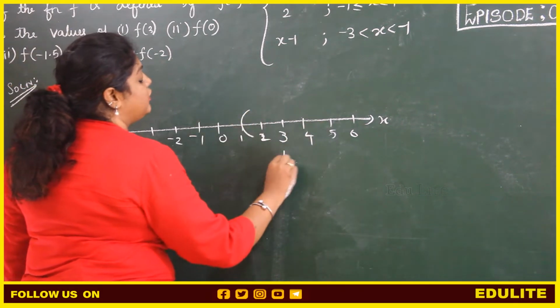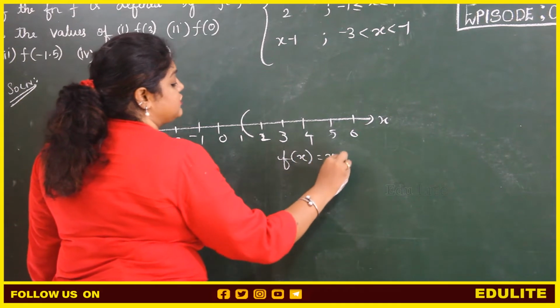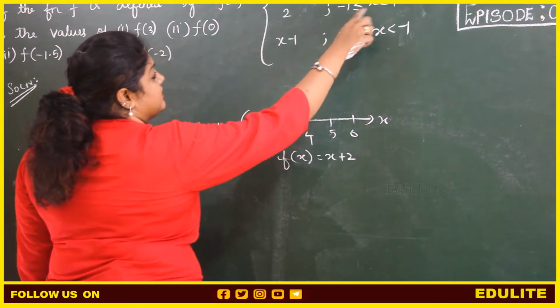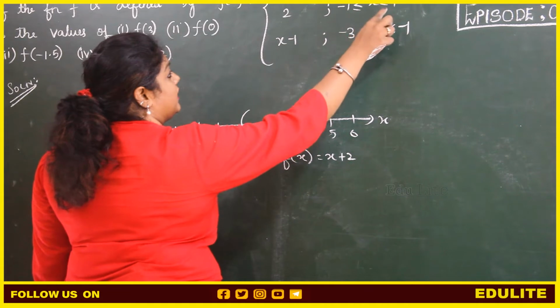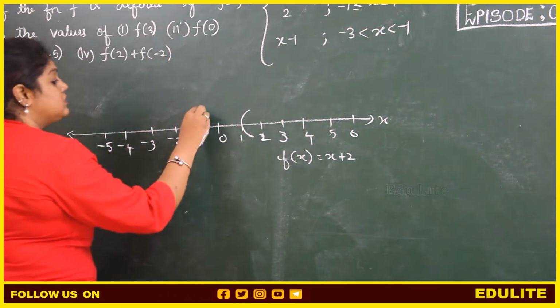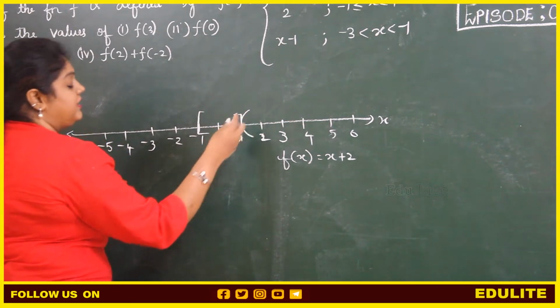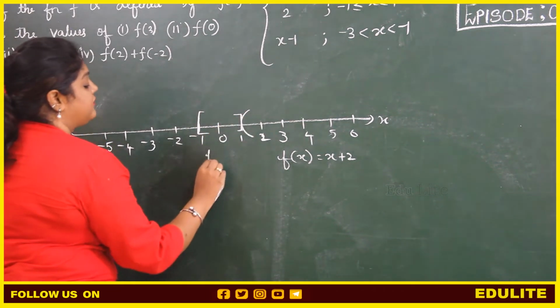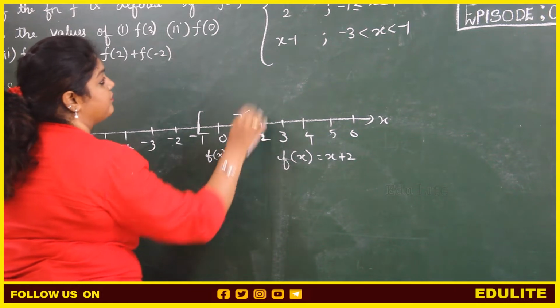The f of x value is x plus 2. Next, when x varies between minus 1 and plus 1, where both minus 1 and 1 are included, I will use closed brackets. When it is between minus 1 and 1, the f of x value is 2.